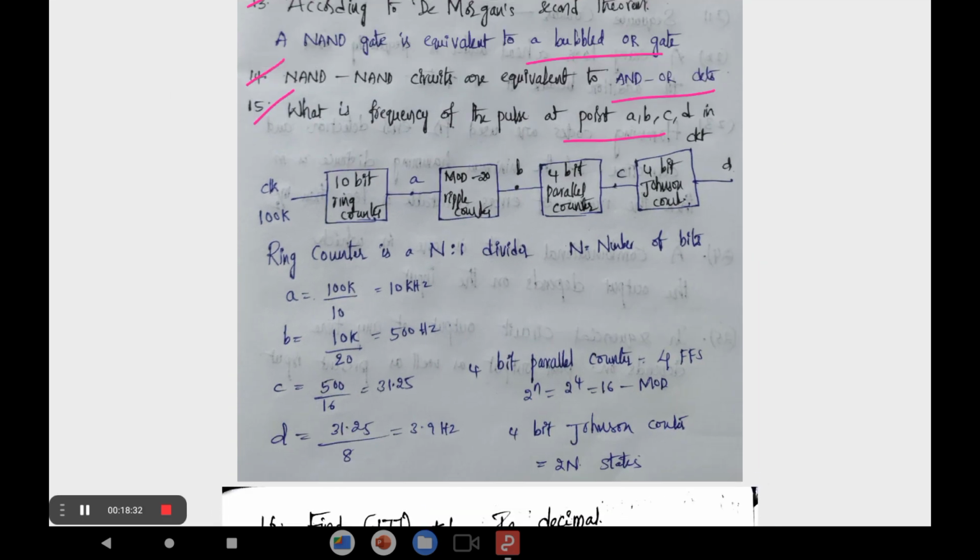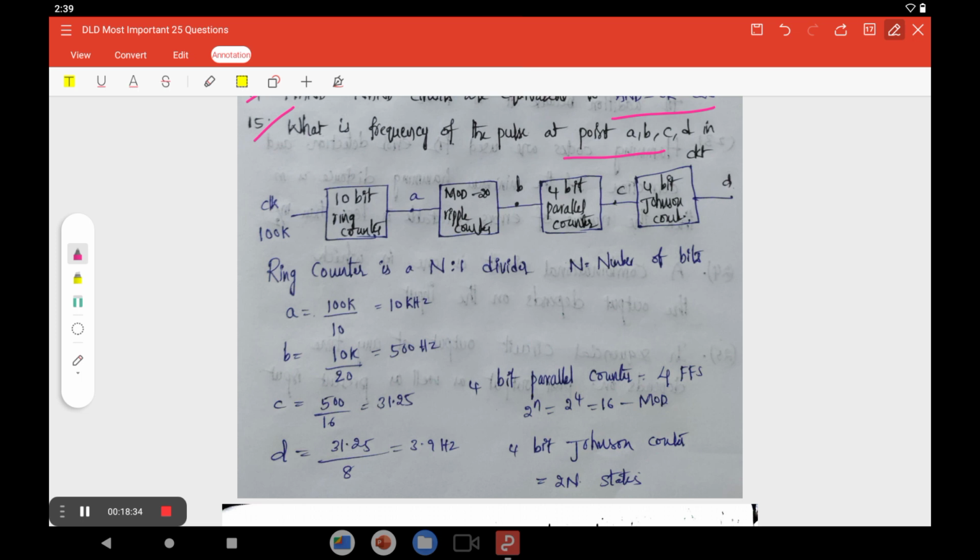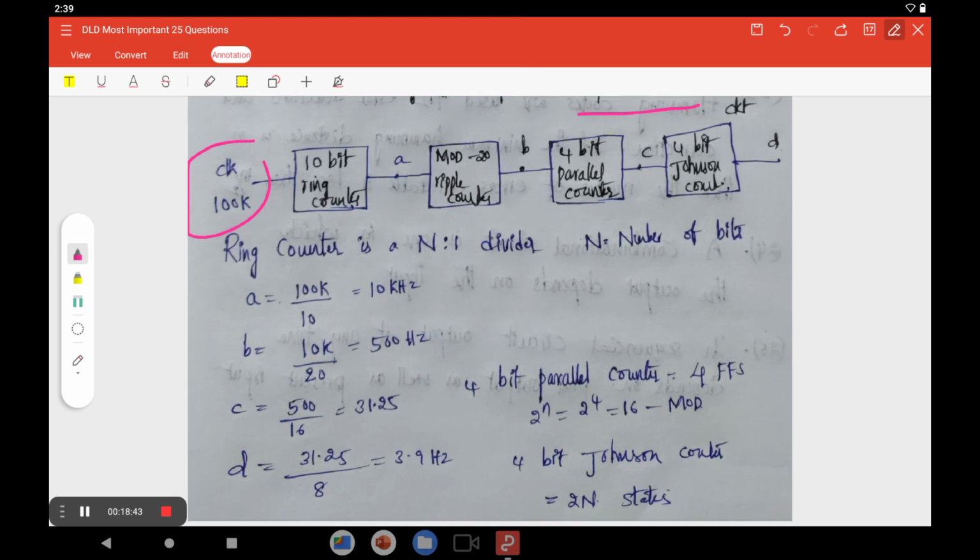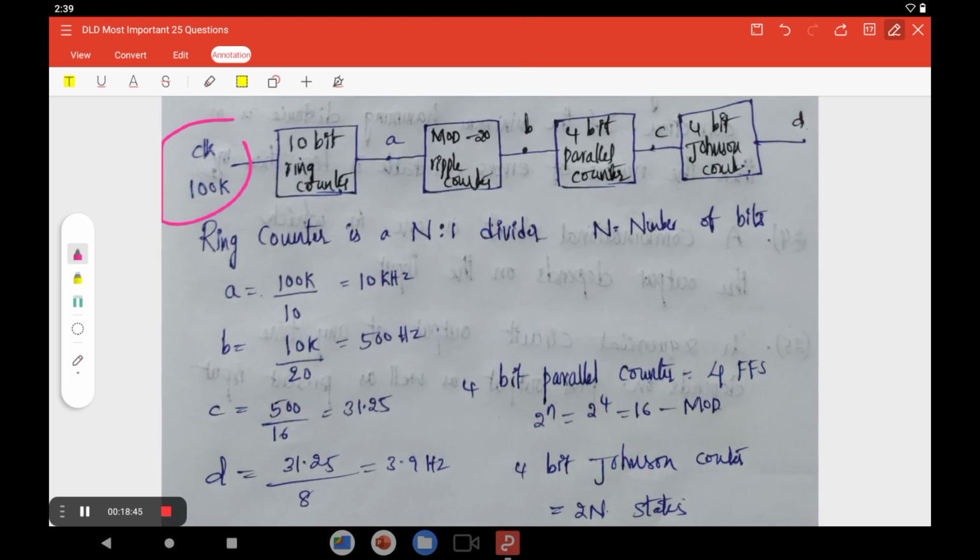At that time, they mentioned some important conclusions here. The input for the circuit is a 100 kilohertz clock. The clock is applied to the first box, which consists of a 10-bit ring counter.